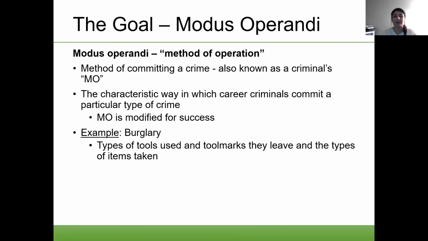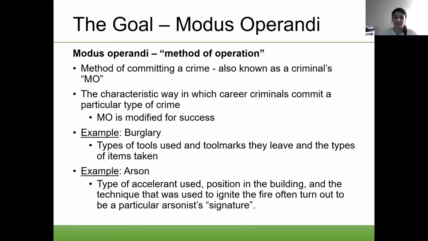For example, burglary, the types of tools used and tool marks they leave and the types of items taken are usually an MO. Arson, MO would be the type of accelerant used, the position in the building, and the technique that was used to ignite the fire. They often turn out to be a particular arsonist's signature.